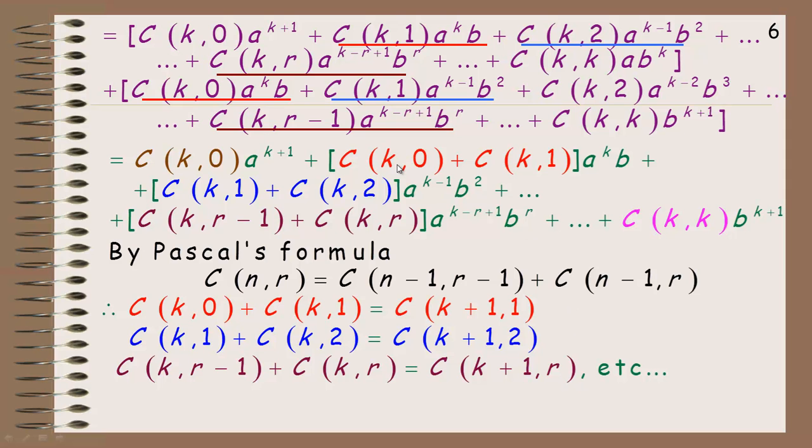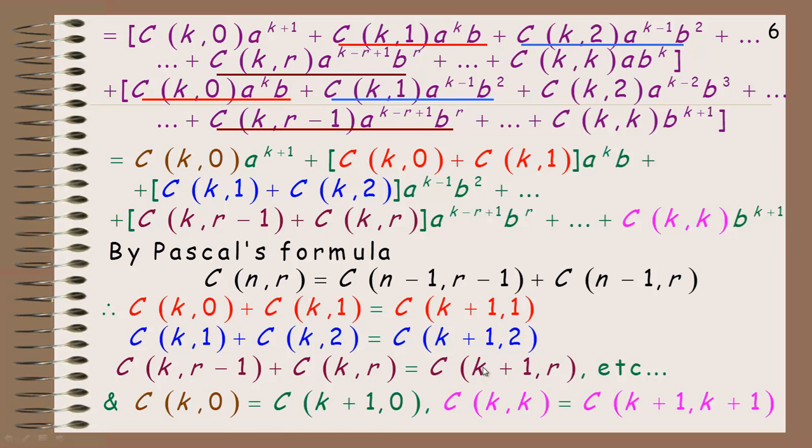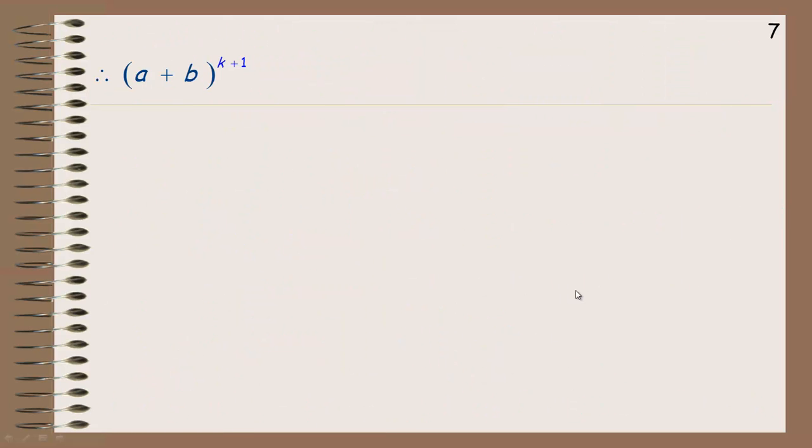So we can combine all these together. For example, the sum of these two is k plus 1 choose 1. The sum of these two would be k plus 1 choose 2. So I can rewrite this whole thing and simplify it using Pascal's formula identity. And then, of course, there are a couple more as well.